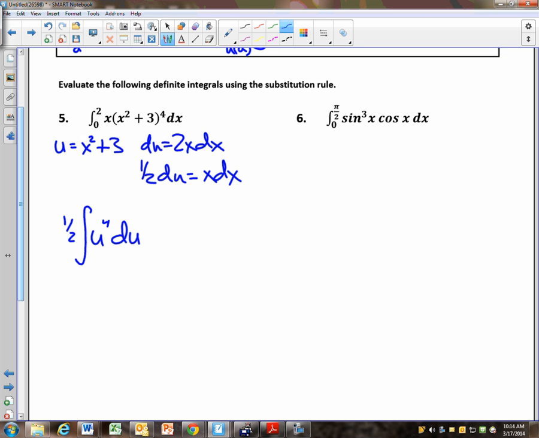So I can't just leave the 0 and the 2. I'm going to change it. Anybody know what I changed the lower one to? I changed the bottom one to 3 because you plug in 0, you get 0 squared plus 3 is 3. And then the top one's going to be 7. Okay.